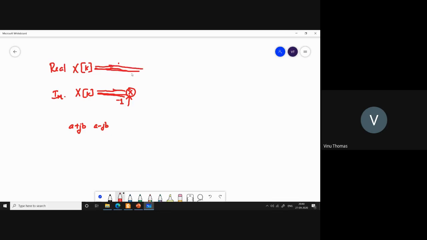Therefore here you have the real part of x of k and minus the imaginary part of x of k. So in essence you have x star of k here. To complete x star of k, you multiply this by minus 1.